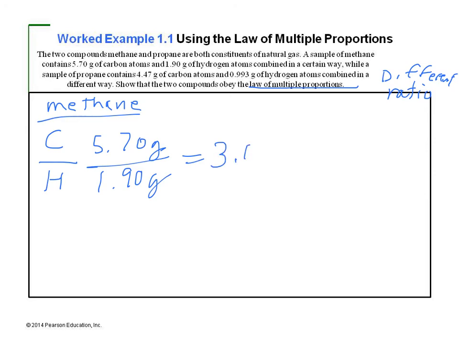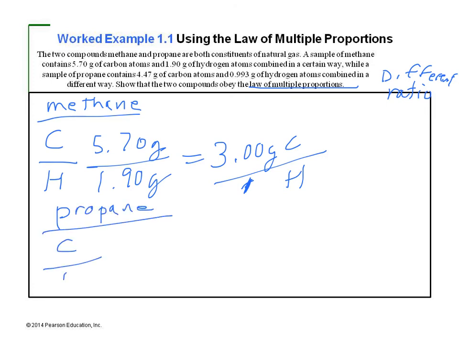And it's a ratio of 3 grams of carbon to every 1 gram of hydrogen. We'll do the same for our favorite Hank Hill gas, propane. And my carbon to hydrogen ratio here is 4.47 grams of carbon for 0.993 grams of hydrogen.